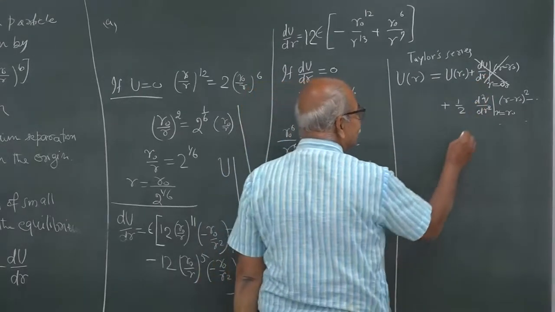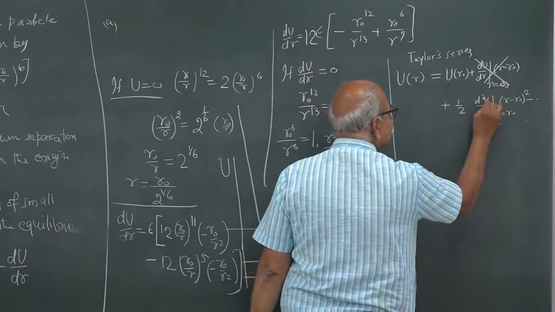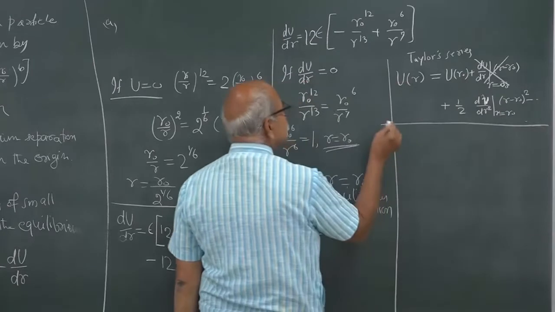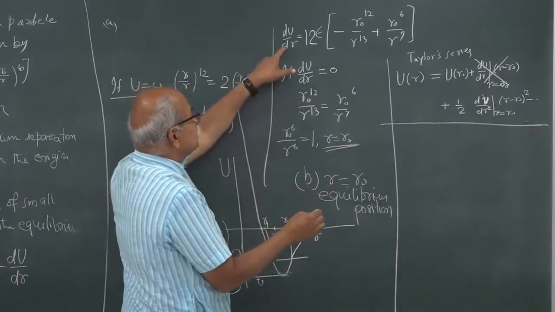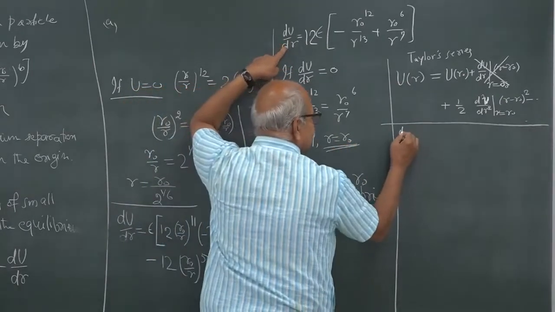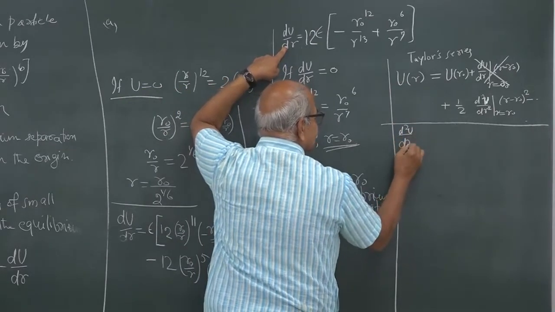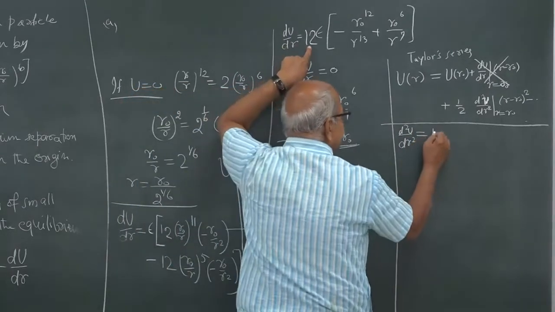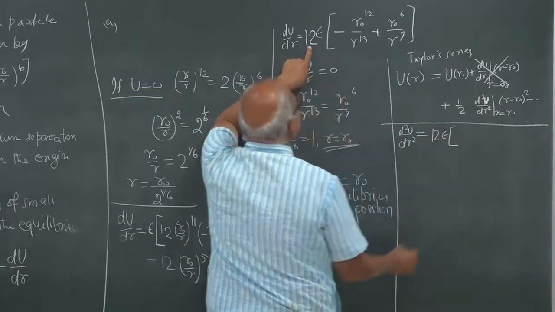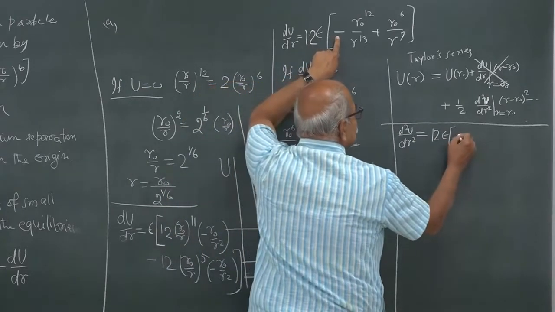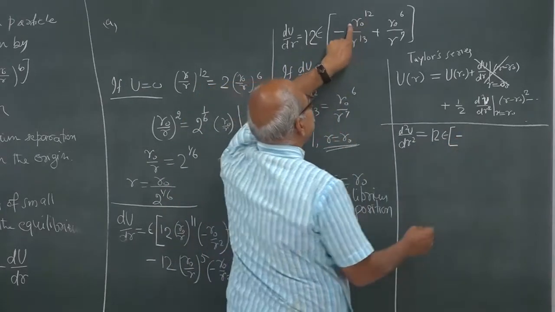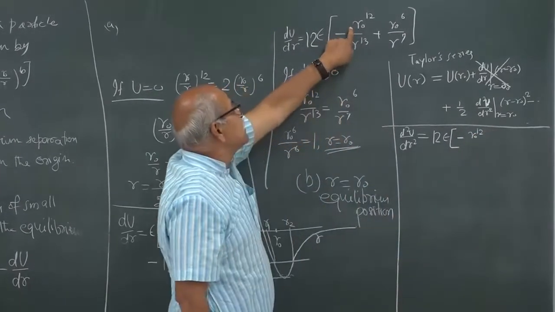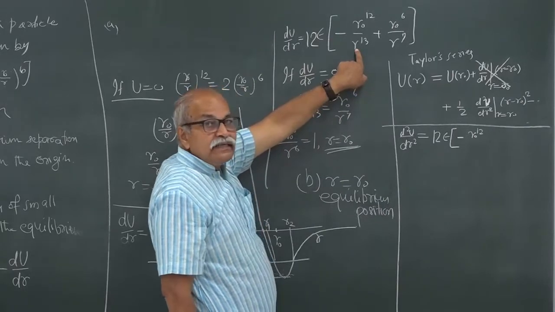We can do that. So, let us calculate what is d2u dr square. It is 12 epsilon, minus r naught to the power 12, and then you have to differentiate r to the power minus 13.